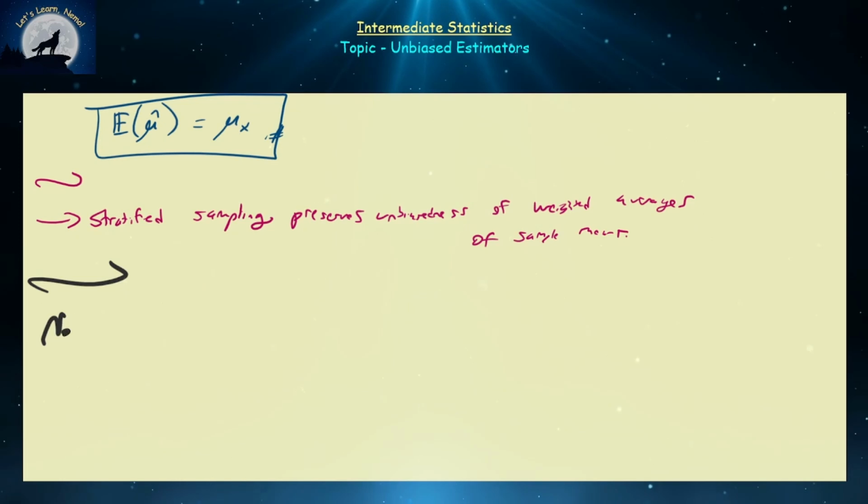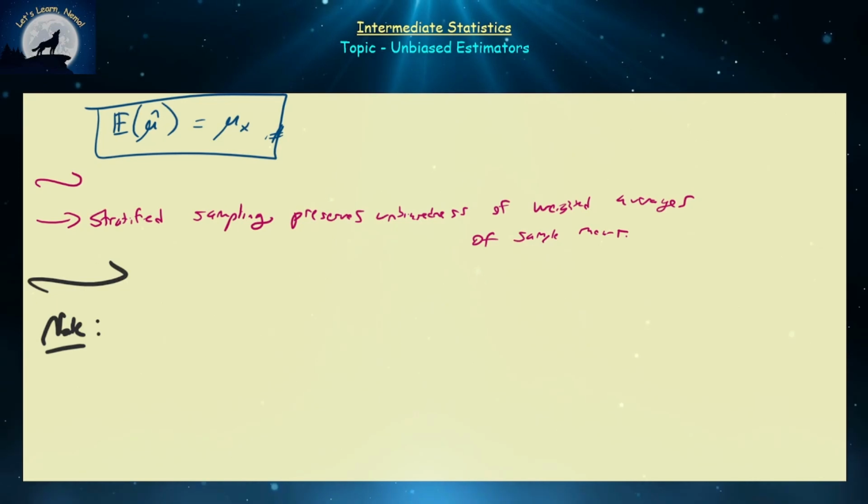Now, what have we talked about today? We've introduced the concept of unbiased estimators for population parameters. We've also discussed how you can take a biased estimator and algebraically manipulate it into an unbiased one.